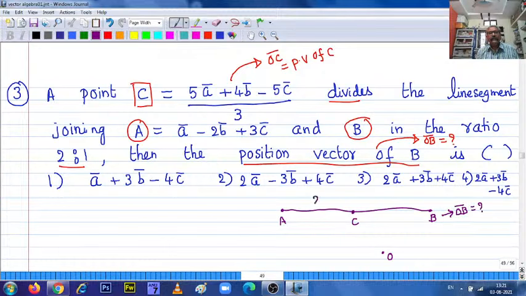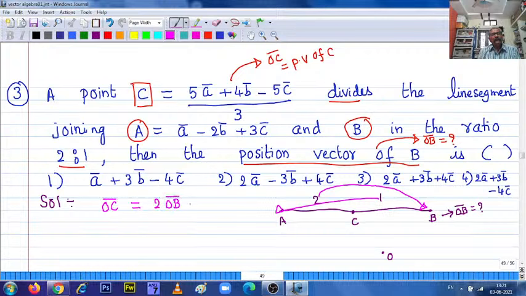It divides in 2:1 ratio. So that means we can write like this. Use the arrow diagram. 2 into B bar plus 1 into A bar upon 3 equal to OC bar. So OC bar is equal to 2 times OB bar plus OA bar upon 2 plus 1, that is 3.